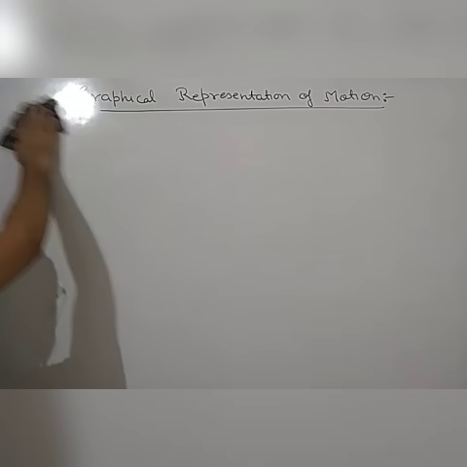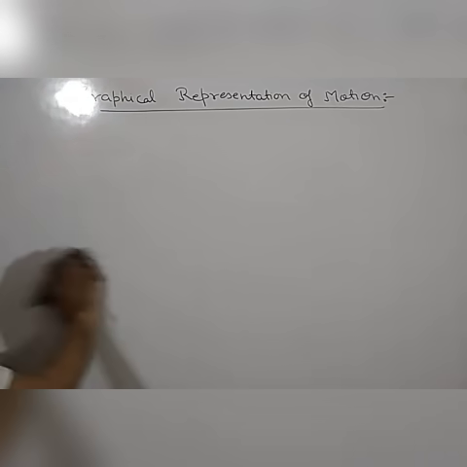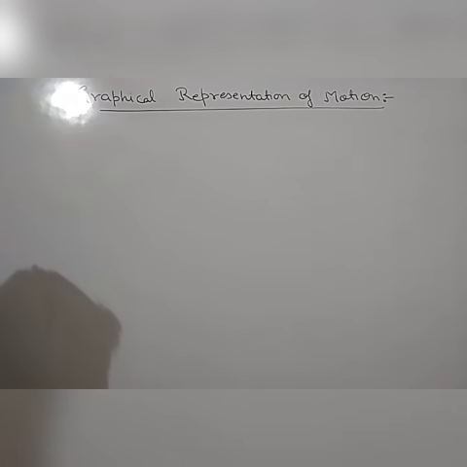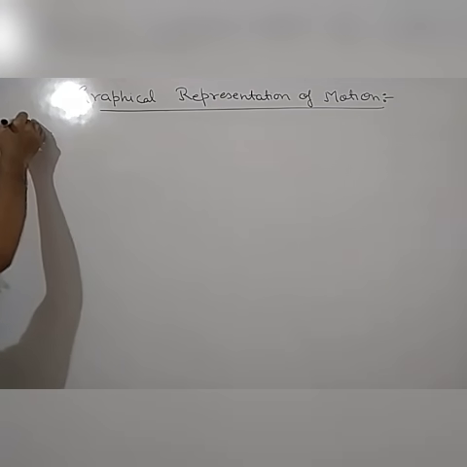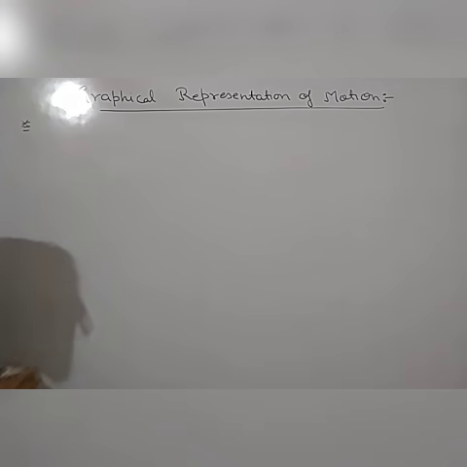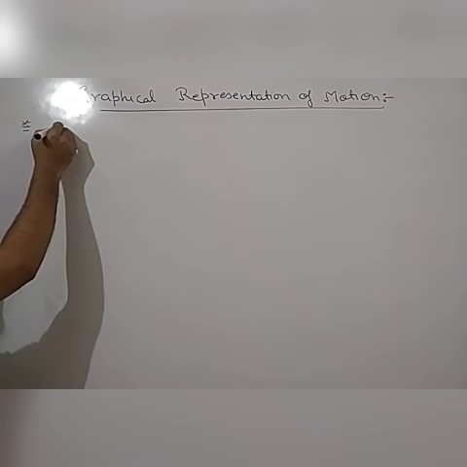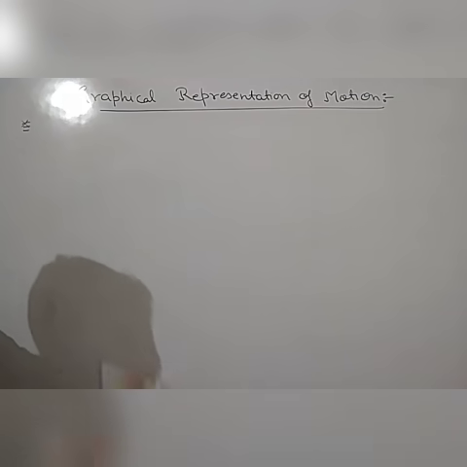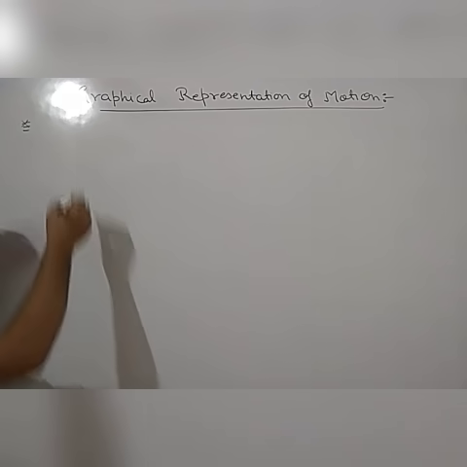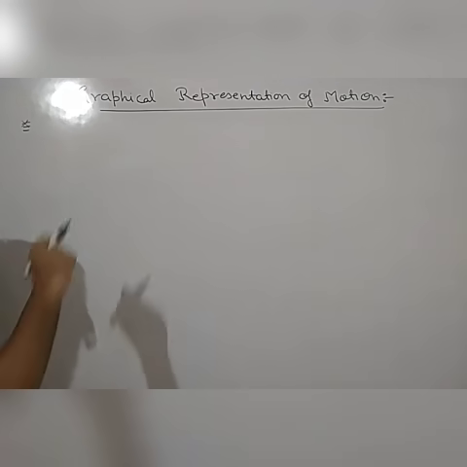So now I am starting the representation of motion on the graph paper. Basically we have studied 3 things. From the start of the chapter, we have studied distance and displacement, which we represent by the symbol x.